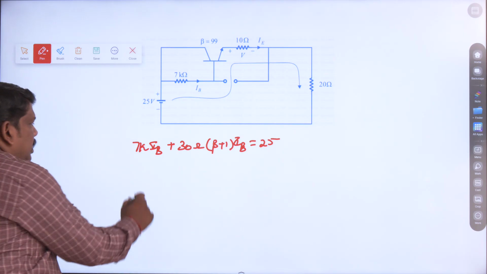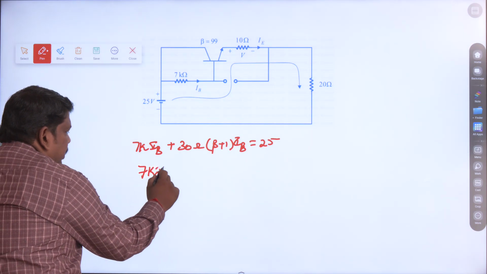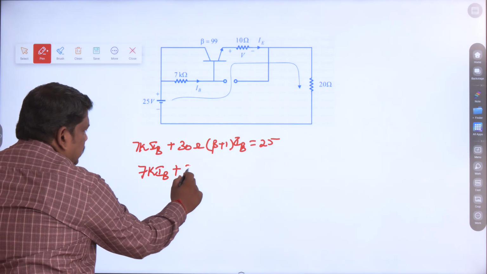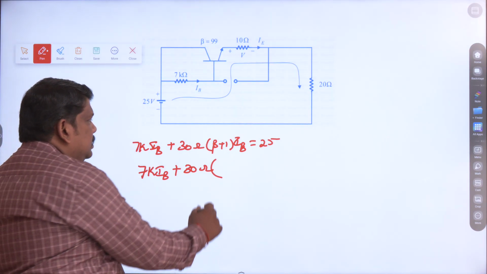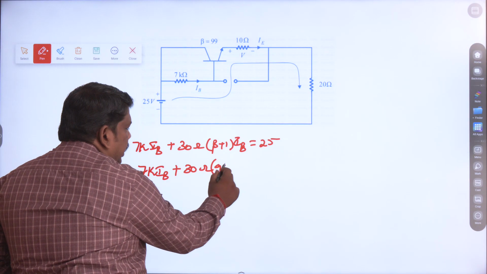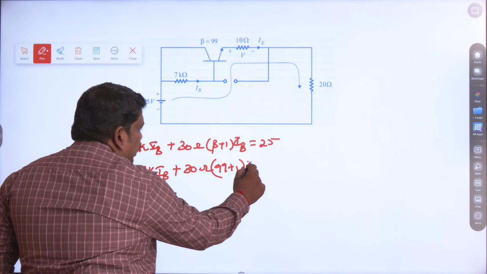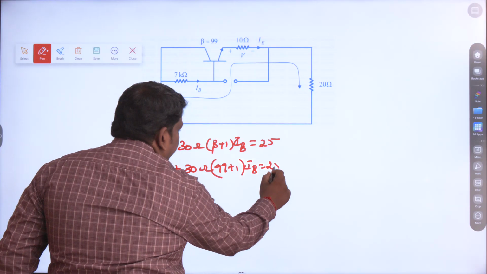The beta value is given as 99, so 99 plus 1 into IB is equal to 25.